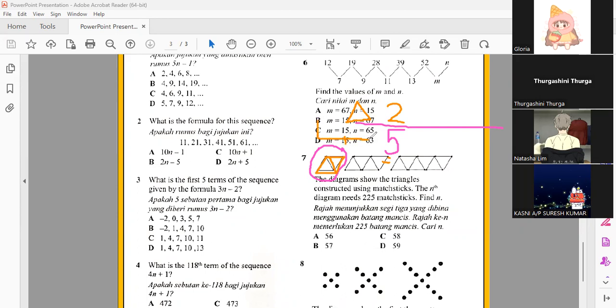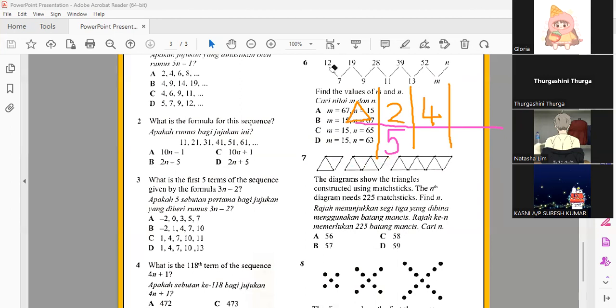Okay, let's go on. Finding the next sequence. So let's see this. If I have 1, 2, 3, 4 triangles now, how many matchsticks are needed?